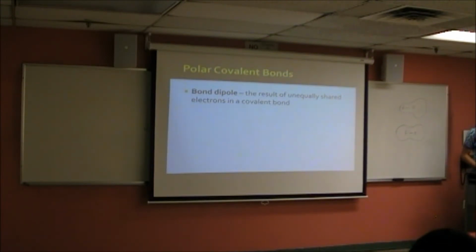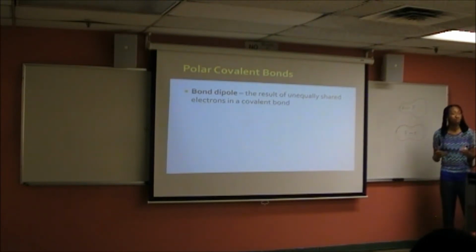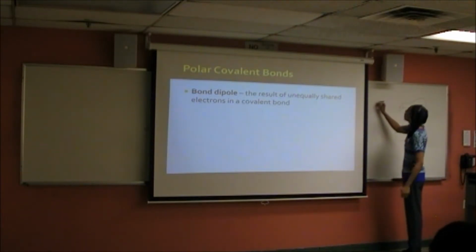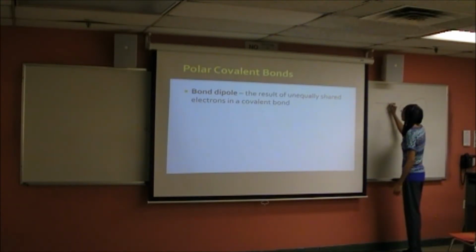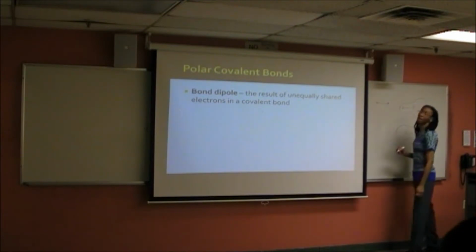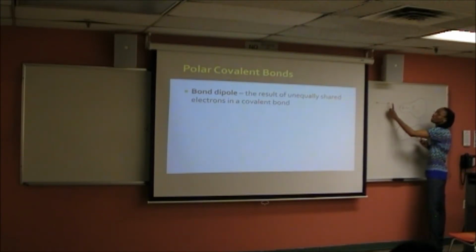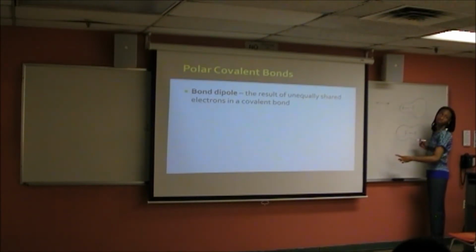Bond dipole is simply which direction your electron density is being pulled. Now here, this is how we represent our dipole. It is an arrow with a plus sign on the end. Your plus sign indicates where you have a partial positive charge.